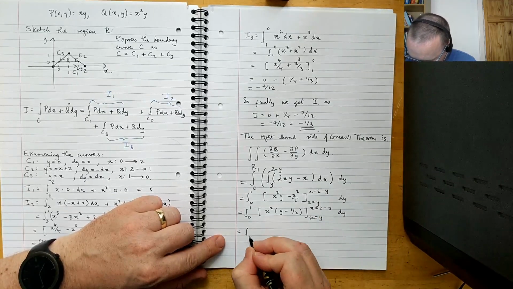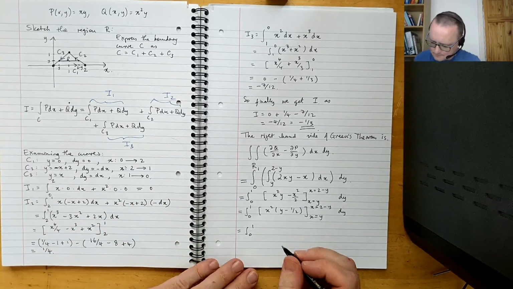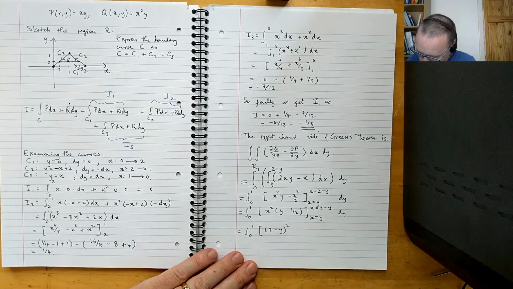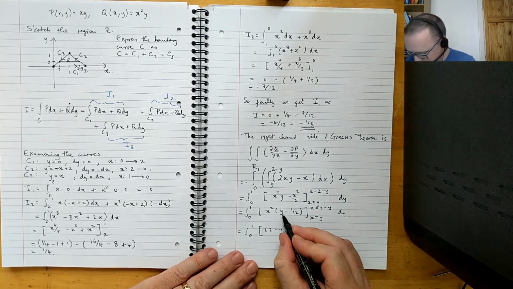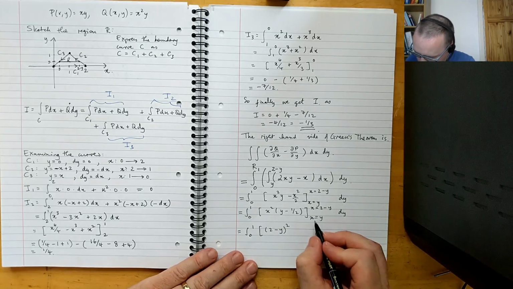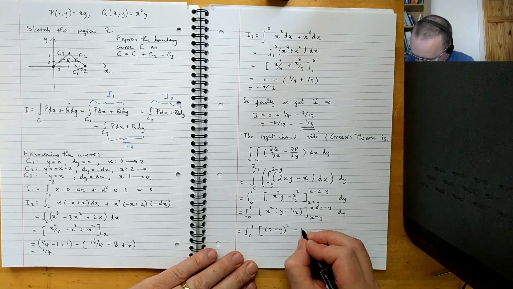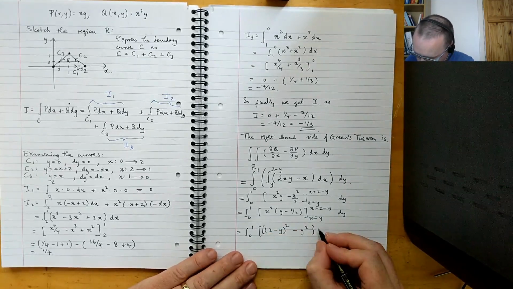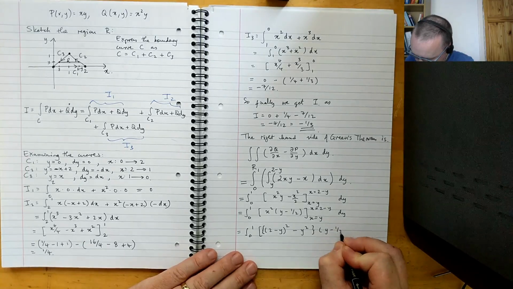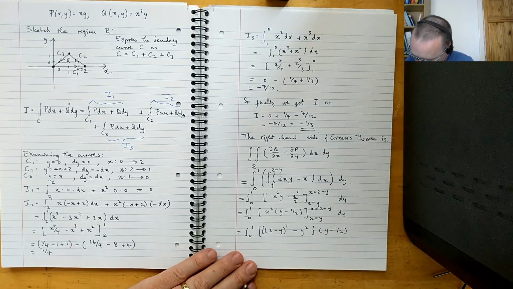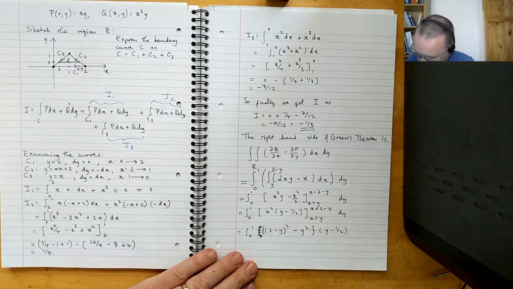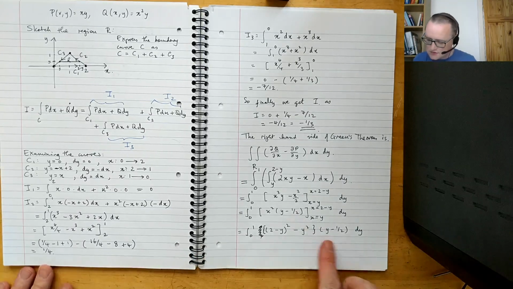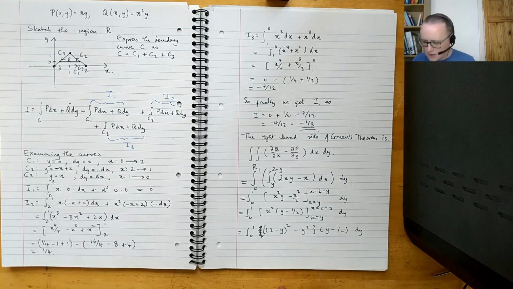So this becomes the integral from 0 to 1 of 2 minus y all squared, and I'll factor out the y minus a half, and then I minus y squared. Okay, so all of that then is multiplied by y minus a half. And I've still got the differential dy here. So it's reduced to the integral of some kind of polynomial with respect to y.